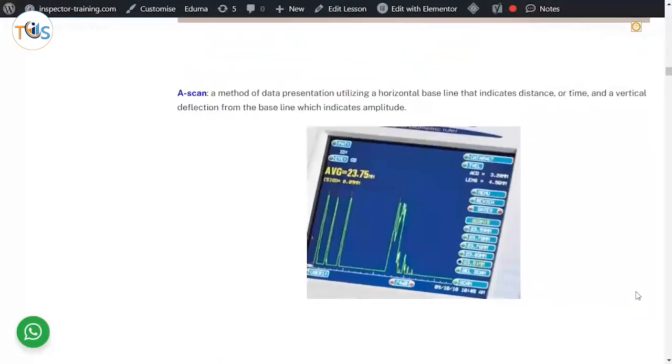A-scan is a method of data presentation utilizing a horizontal baseline. As you can see, this is the baseline here that indicates distance. So this is distance or time, and a vertical deflection from the baseline indicates amplitude. So this is amplitude, and this is the distance or time.